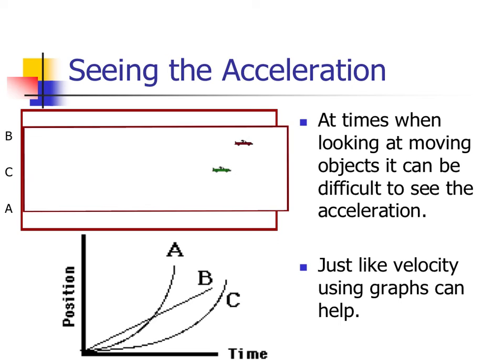Now, those are position time graphs. What would their velocity time graphs look like? Think about the slope of these lines to help you make that.